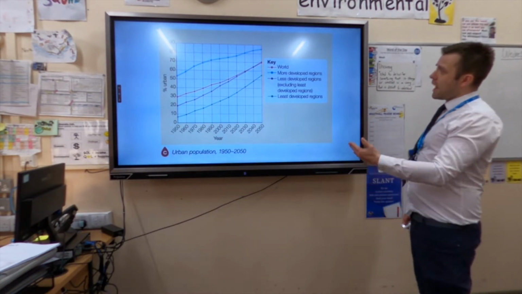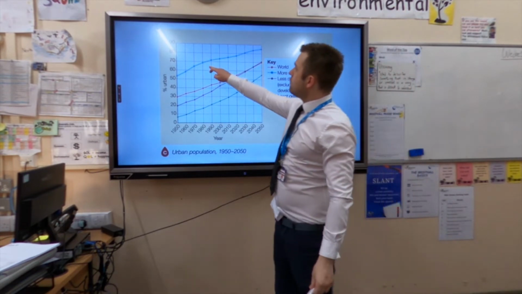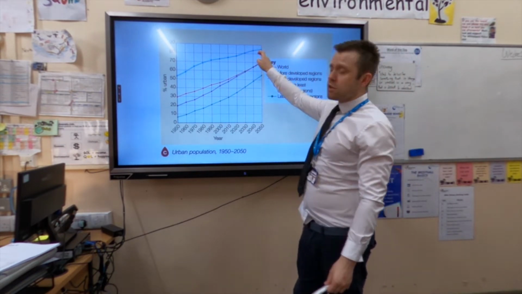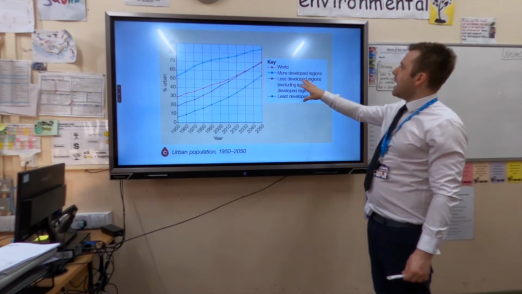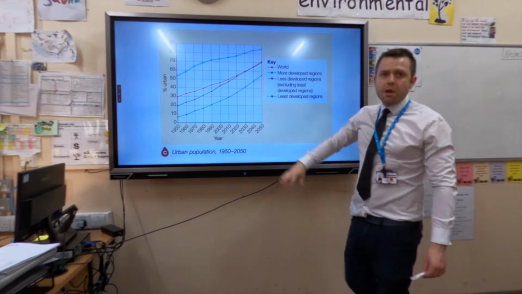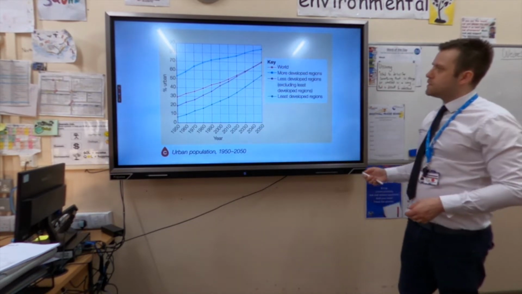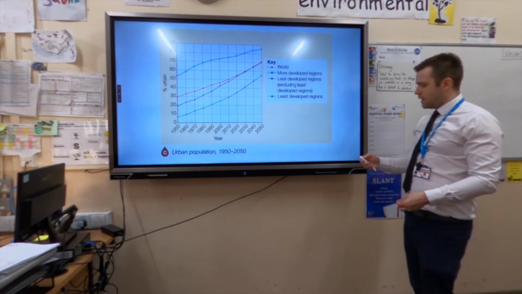However, moving forward, the rate of urbanisation in more developed regions is going to slow and taper off because people already live in the cities. In less developed regions, it is actually going to increase as more and more people move to the cities and the proportion of population living there increases.